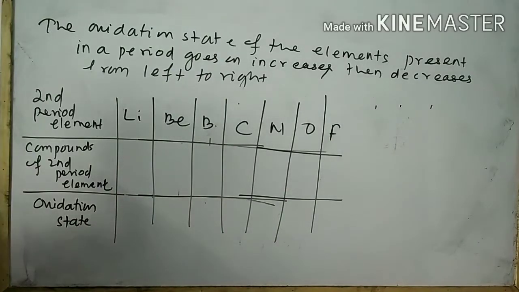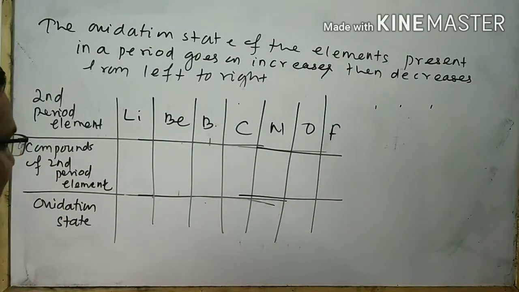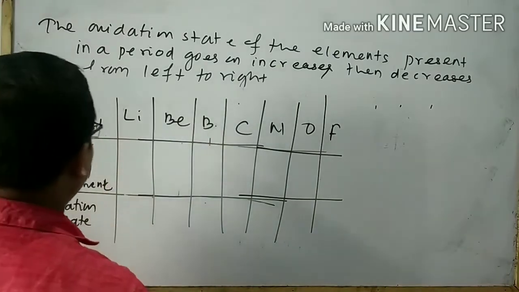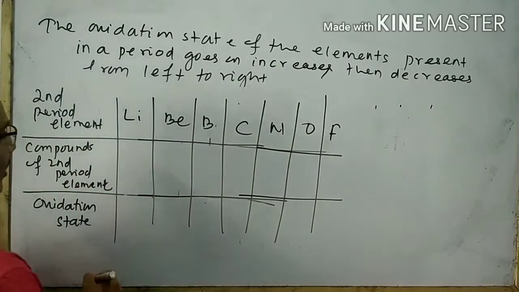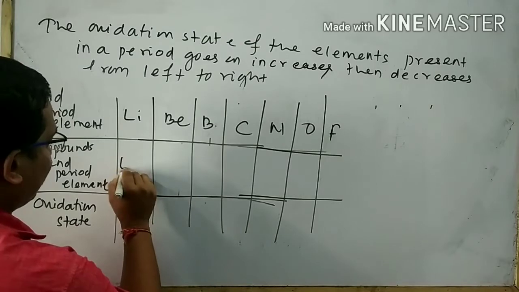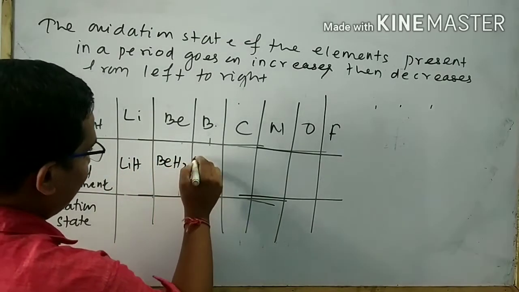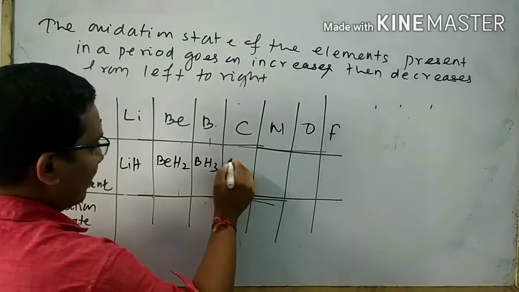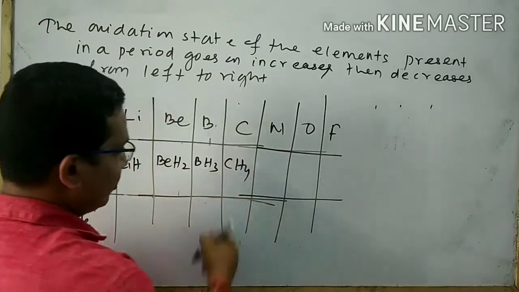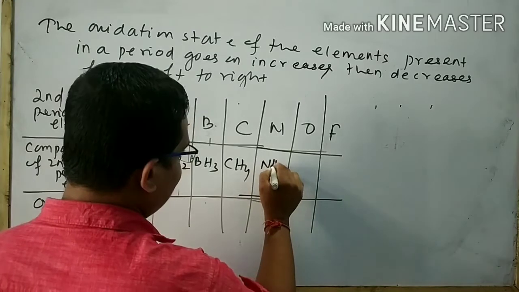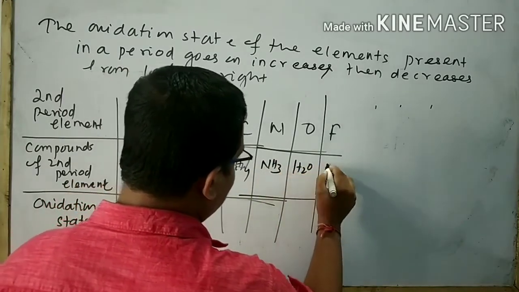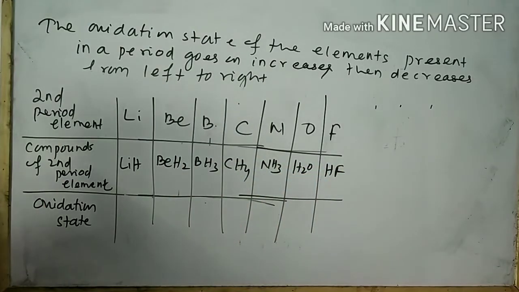Suppose I take the hydride compounds of the second period elements: lithium hydride, beryllium hydride, boron hydride, methane CH4, NH3, water, and HF.